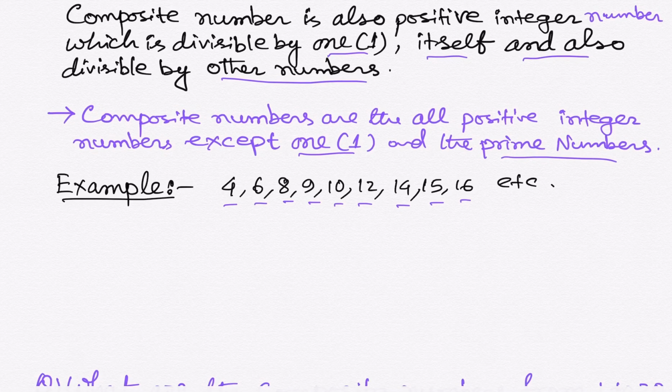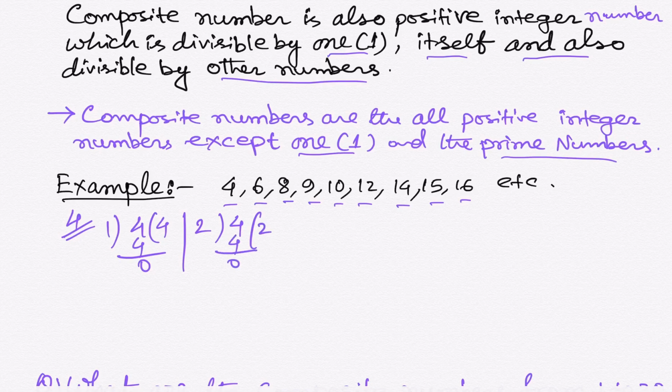Now let's check whether these numbers are composite or not. I will take the number 4. First, is 4 divisible by 1? 1 four is 4, the remainder is 0. Then is 4 divisible by 2? Yes, 2 twos are 4, the remainder is 0. Now is 4 divisible by 3? 3 ones are 3, the remainder is not 0, so I will not take this number.